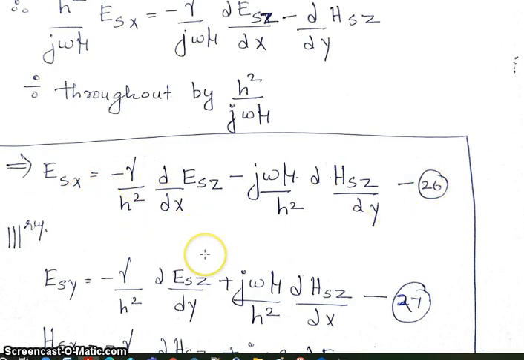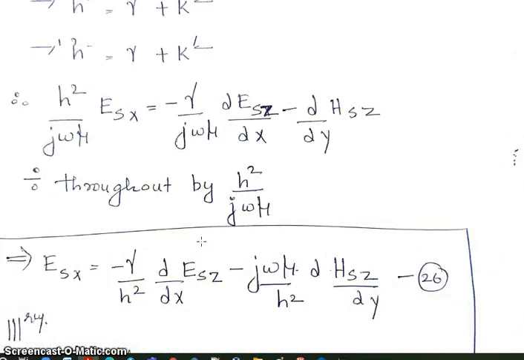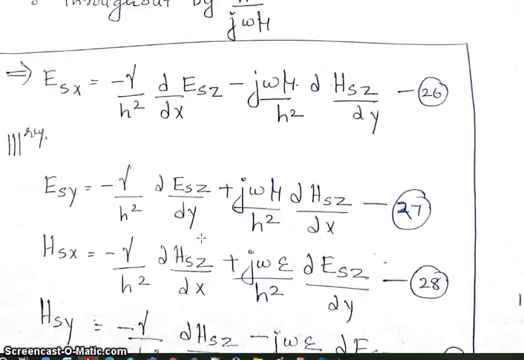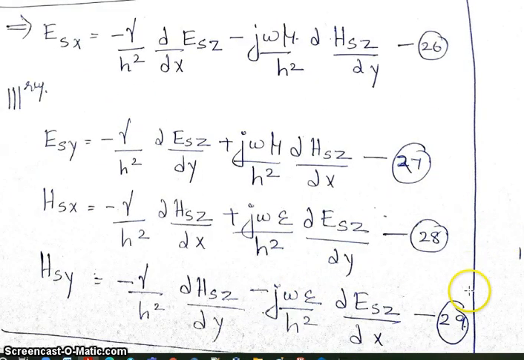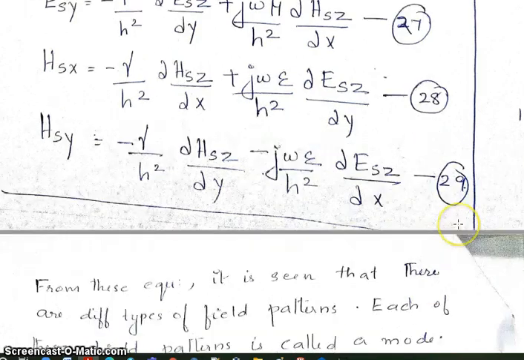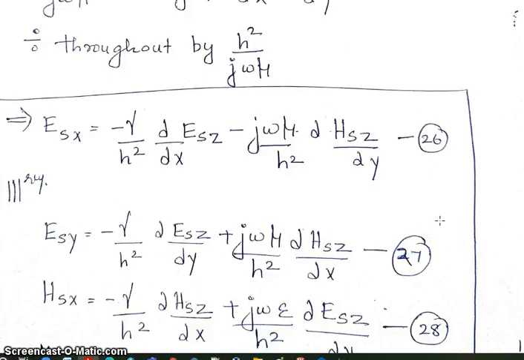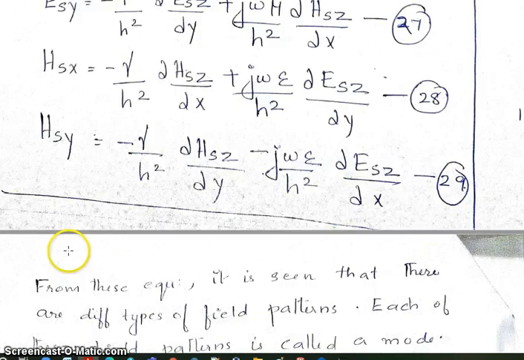Similarly you can find the value for Esy, which is equation 27, Hsx is equation 28 and Hsy is equation 29. So you can follow the same steps which you followed to find Esx, to find Esy, Hsx and Hsy.